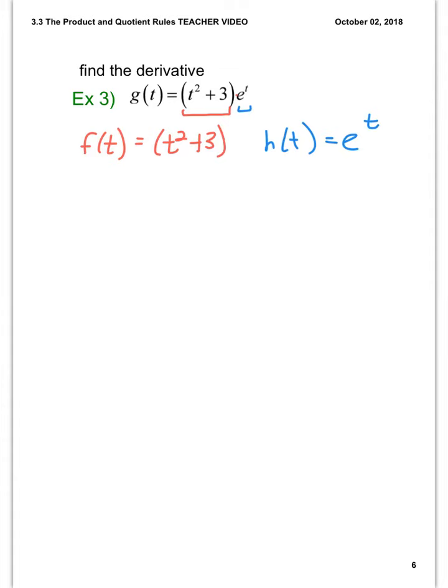So for our purposes right now, f of t, that's on the left of the product, and then h of t, that's on the right of the product.